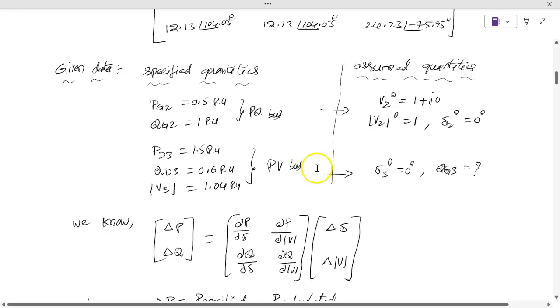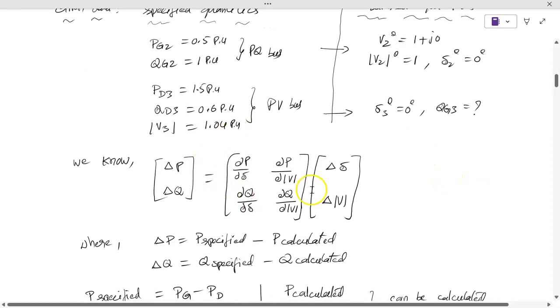We need to calculate Q value, but initially as per the flat voltage profile we assume del 3 0 is also 0 degrees. The given data are the demands PD3, QD3 and V3, which is 1.04 since this is the PV bus, and these are the assumed values; this is the value we need to calculate as per the question.